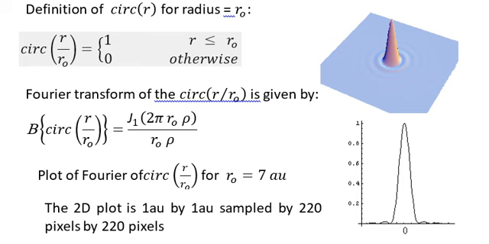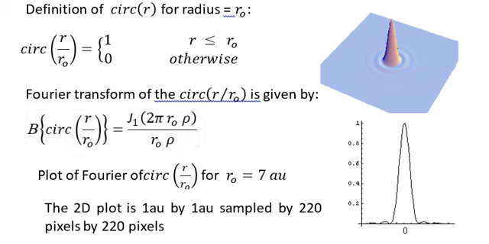Now we are going to define the circ function in a more accurate form, r over r naught, which is equal to 1 when r is less than or equal to r naught, because the radius of this circ function is r naught. Before, the radius was equal to 1, and now this circ function is equal to 1 when r is less than or equal to r naught and equal to 0 otherwise. So within a radius of r naught, the circ function is equal to 1, and beyond that the circ function will be equal to 0.